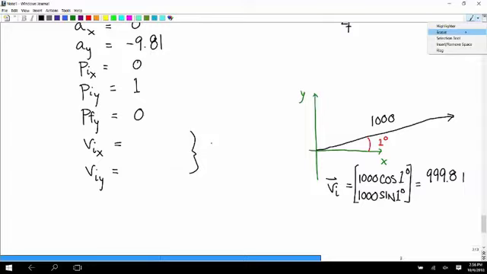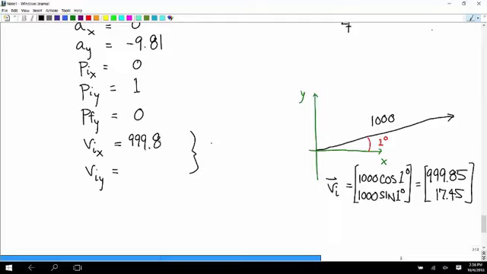Like we saw before, to figure out the time, we're only going to use the y component anyway, so this won't come into it. But then what's the y component? The x component is 999.85, and the y component is 17.45.